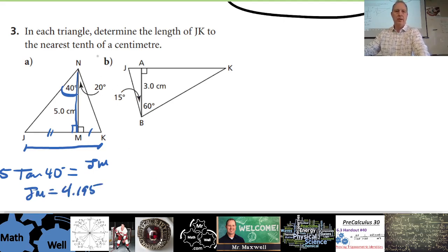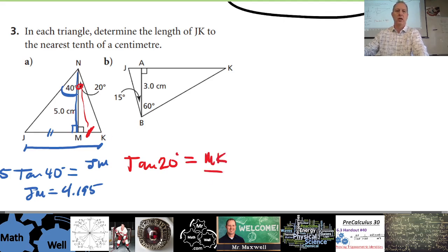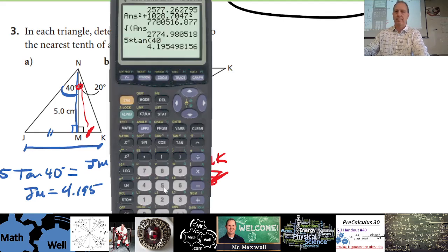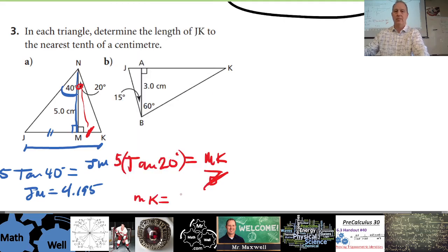And then over here, I'll do this side, MK. That's 20, opposite is MK, adjacent, so that's tan of 20 equals opposite, which is MK, over 5. Good, so 5 times tan 20 gives us MK. That's 1.81985.